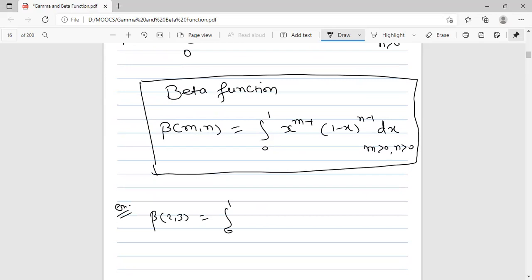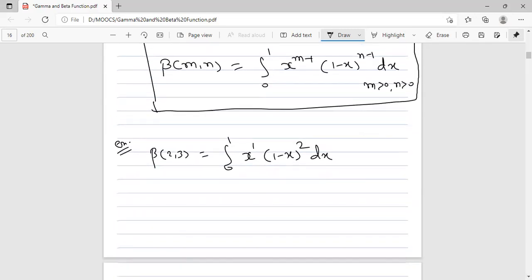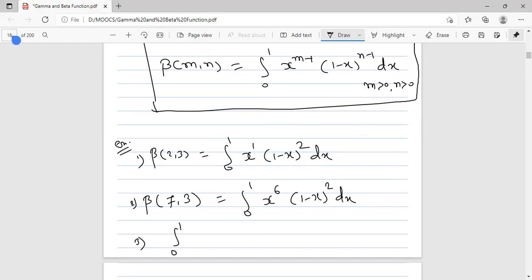Integration 0 to 1, now here this is m, so x raised to power 1 into 1 minus x raised to power 2 dx. Similarly, for beta 7 3, I will write integration 0 to 1 x raised to power 6 into 1 minus x raised to power 2 dx. Or suppose I have this integral x raised to power 9 into 1 minus x raised to power 5 dx.